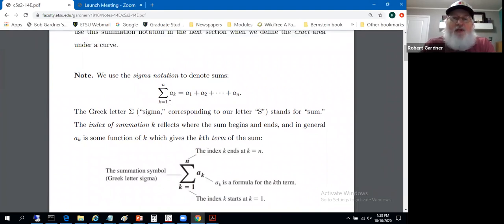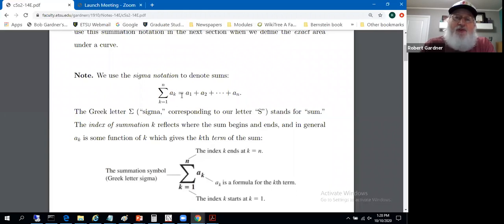And when we write something of the form sigma k equals 1 to n of a sub k, what that represents is plugging in k equals 1, getting a sub 1, and then adding, plugging in k equals 2, getting a sub 2, and then adding, and keep iterating that parameter k up to its upper bound of n.